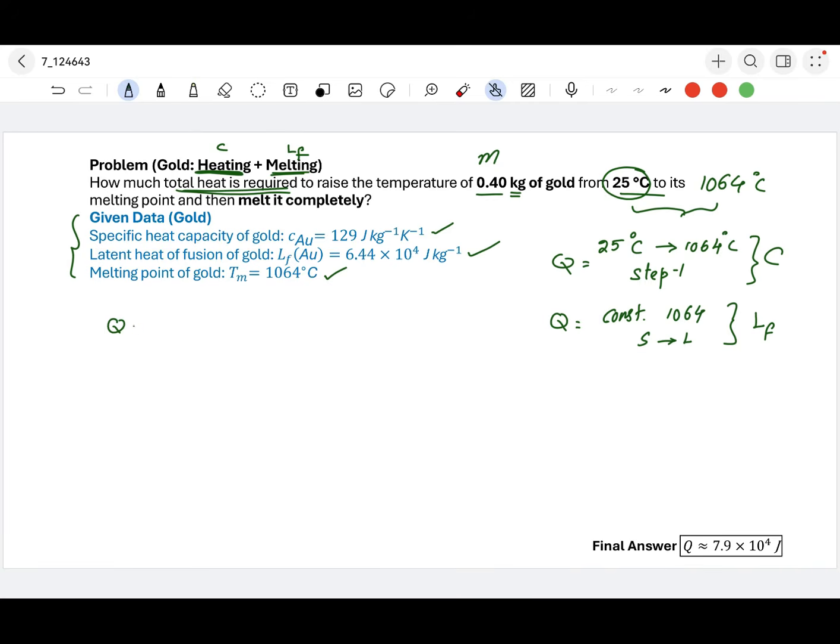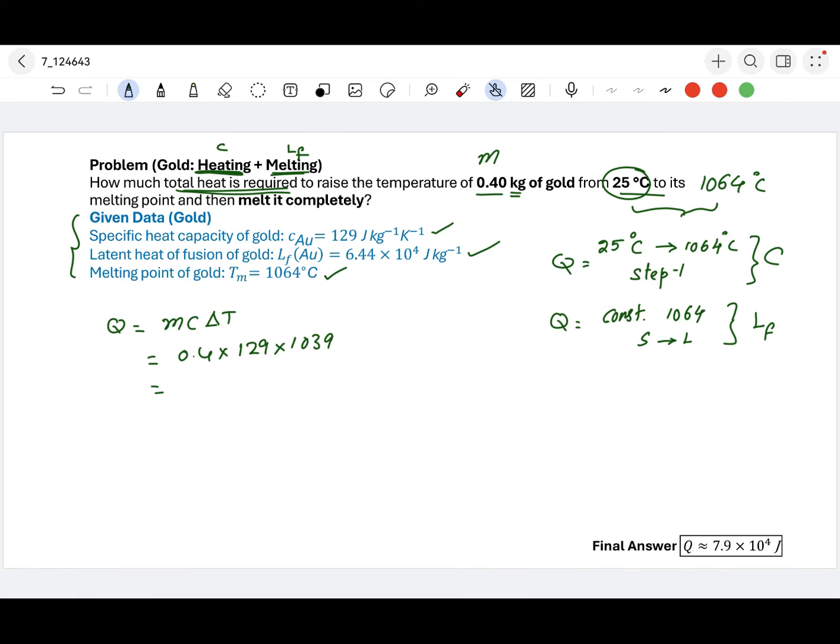So first case, Q equal to, there is a rise, so specific heat comes, the formula MC delta T, which is equal to 0.4 times the specific heat of the gold, 129, times the temperature change, 1064 minus 25. The answer is 1039.